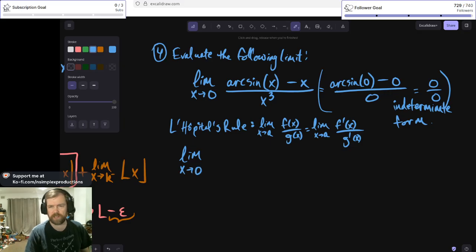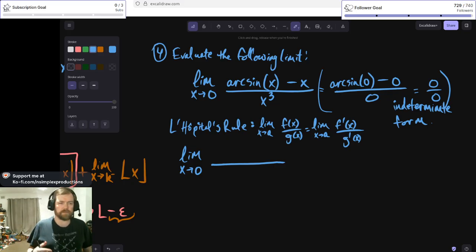So this is the limit as x goes to 0 of, we take the derivative of arc sine, and we get 1 over square root 1 minus x squared, minus 1 over 3x squared.